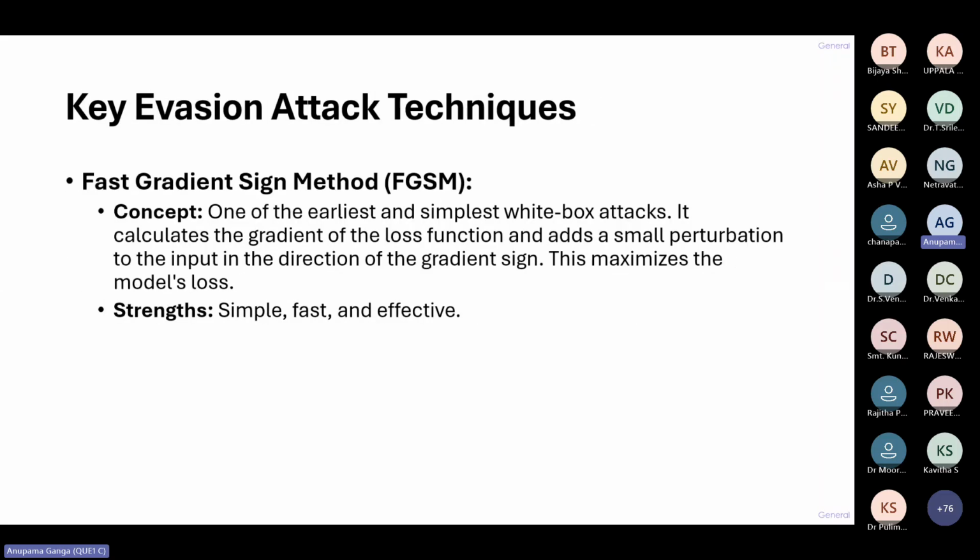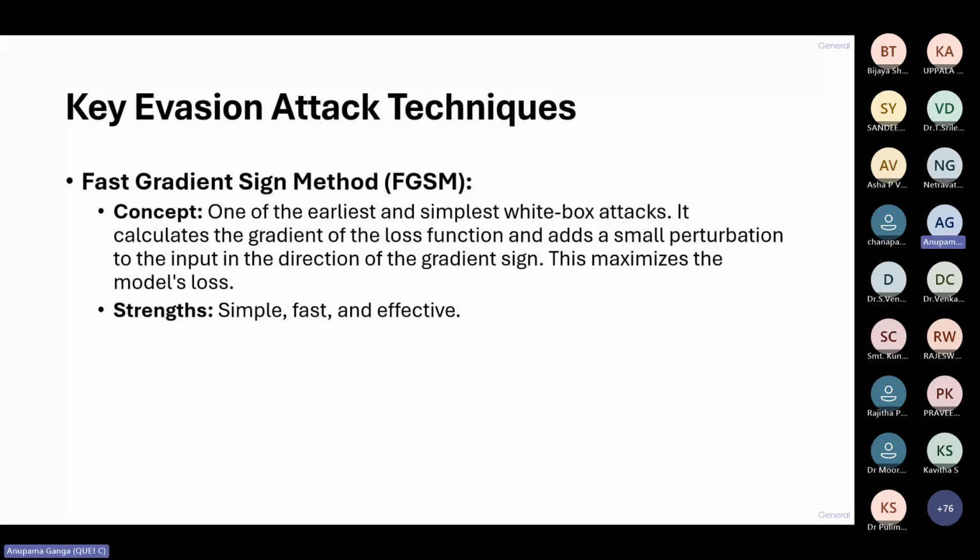This is the fast gradient sign method, one of the earliest and simplest white box attacks. It calculates the gradients of the loss function and adds a small change to the input in the direction of the gradient, which maximizes the model's loss. It is a popular and simple technique used in adversarial machine learning to generate adversarial examples.